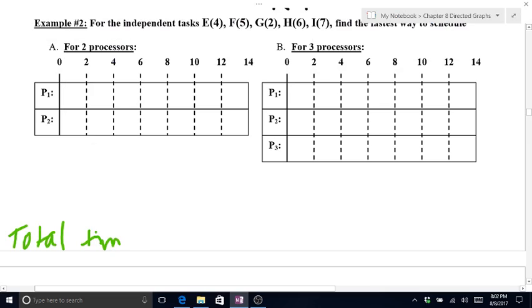So let's see, that's 7, 13, 15, 20, 24. Okay, so 24 split between 2, we're looking at 12 minutes.